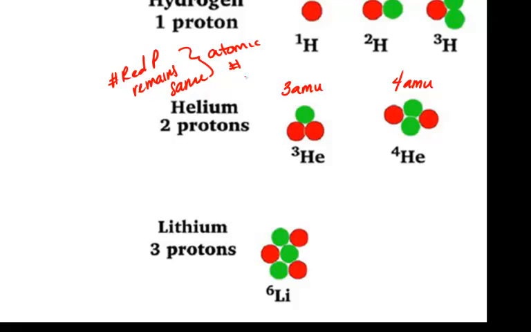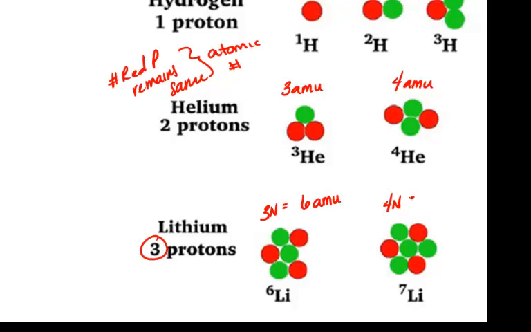If we look at lithium, what would the atomic number of lithium be? 3, because in our two examples of isotopes, we're going to have 3 red protons, and in this case 3 neutrons, here 4 neutrons, giving us a mass of 6 AMU or 7 AMU.